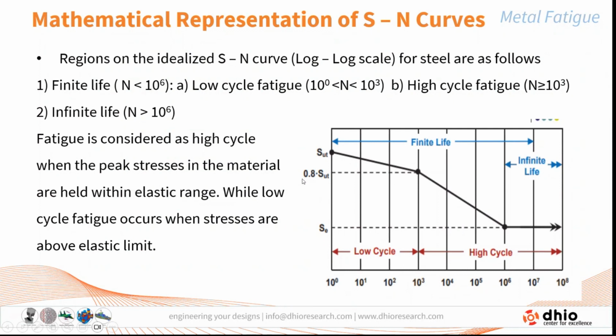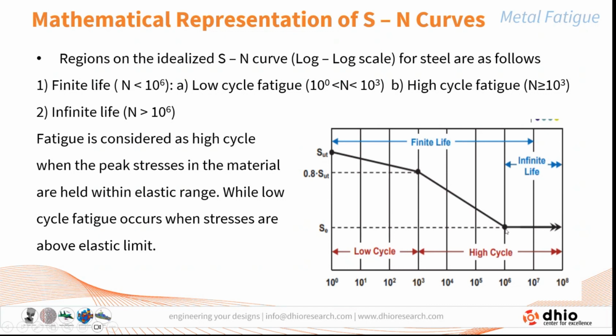After reaching a specific value of the stress level, it behaves with a different slope. And then, after reaching a specific value where the material is subjected to a stress level less than this, we will observe that the number of cycles is going to be the same. That means it is going to have infinite life.